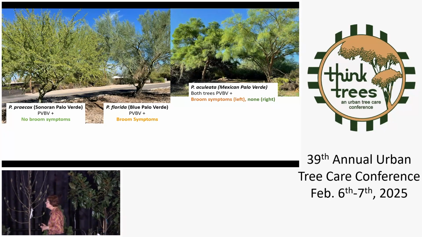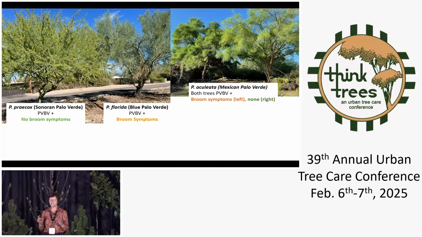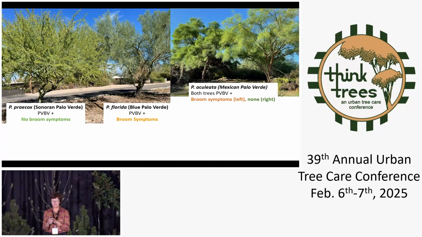And what we found is that different species, they show or they don't show symptoms of witch's broom, and the plants that have the witch's broom disease, they're pretty much always positive for the virus. And most of the time, they also have the eriophyte mites there, but they don't always show the broom.